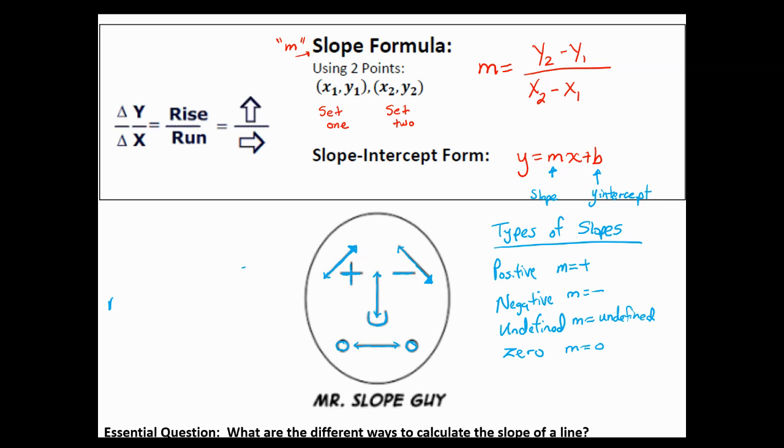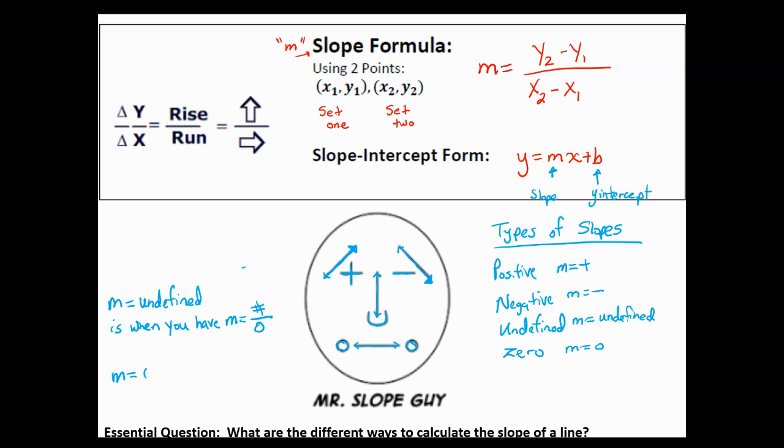So what is the math behind undefined? That is when you have m equal to a number over 0, because you cannot divide by 0.